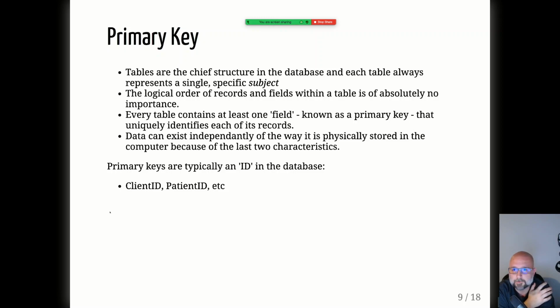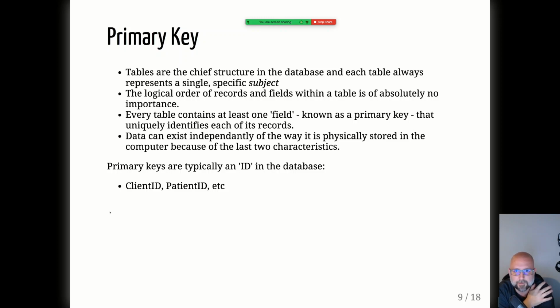All right, now talking about each table in a database. They are that thing that holds all the data together in that domain. And every table, whether you define it or not, has a primary key.